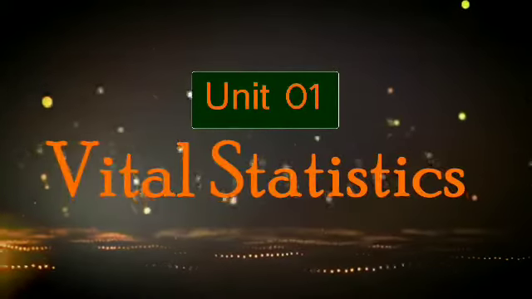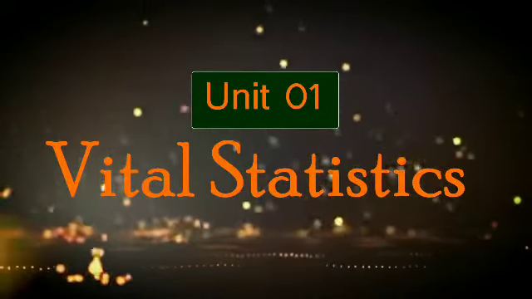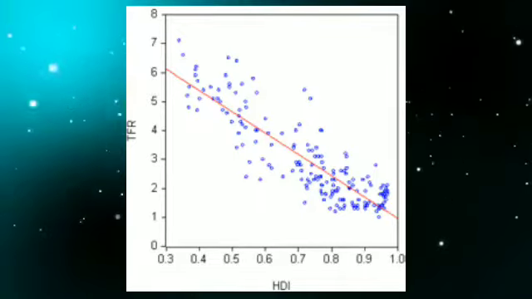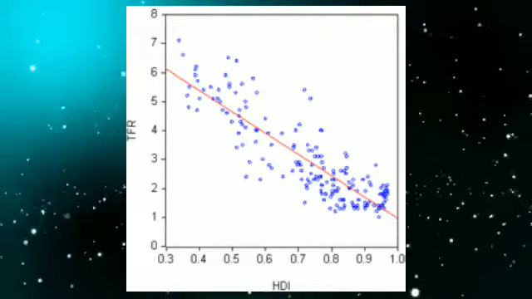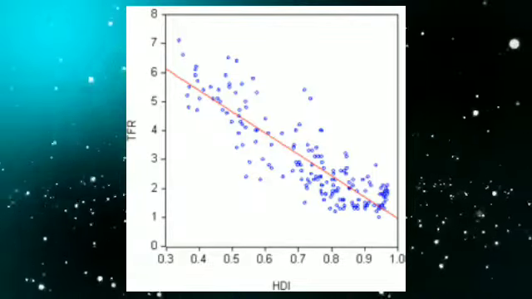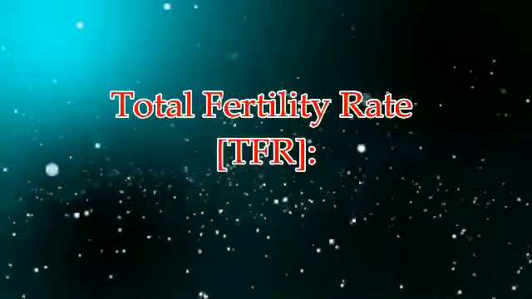In the previous sessions, we solved problems based on the different measures of fertility. Those are CBR, GFR, ASFR and TFR. So today, let's solve some more problems based on total fertility rate.